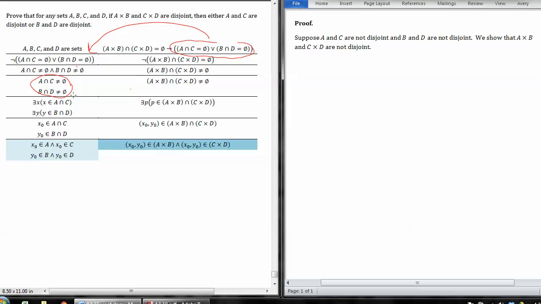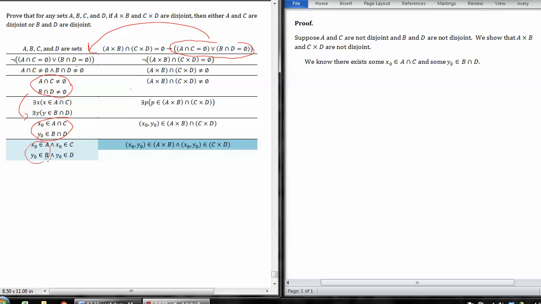So, what do we know? If these are not disjoint and are givens, then we have this x naught and y naught. So let's take our reader up to that point. So we know there exists some x naught in A intersect C, and let me just put these on the same line, and some y naught in B intersect D. Okay, and then we've got definitions of the intersections there.